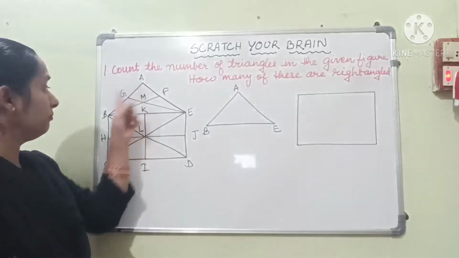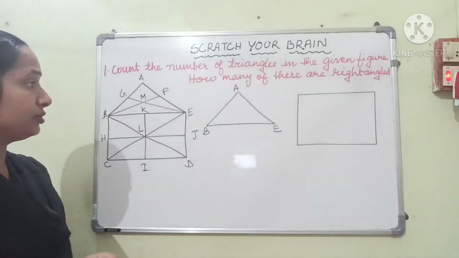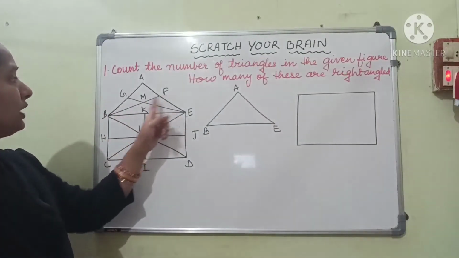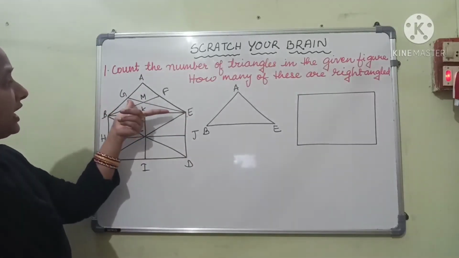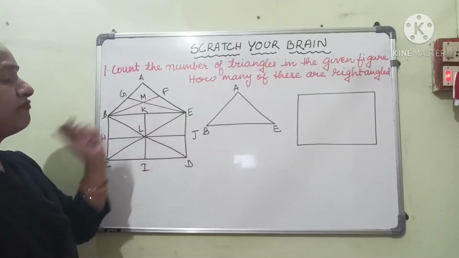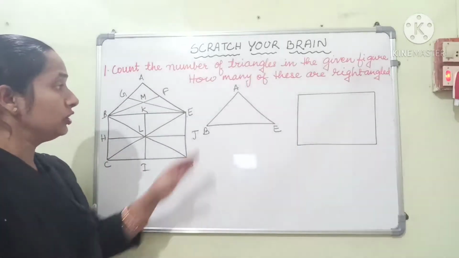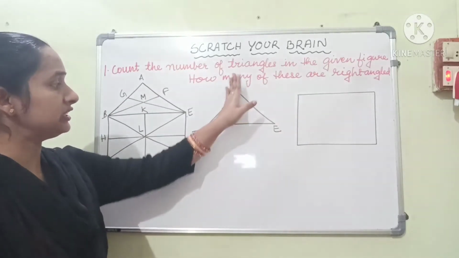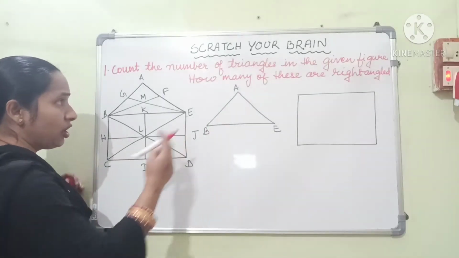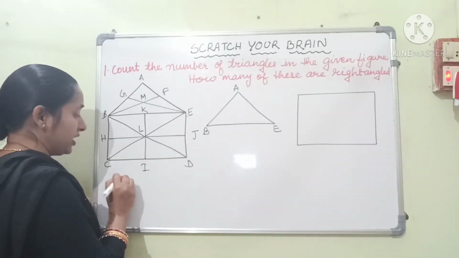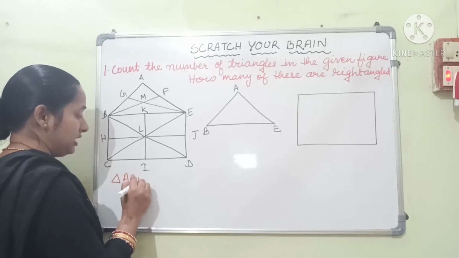Let us first find out how many triangles are present inside this triangle ABE. Here you see, we have two lines drawn inside this triangle ABE, that is the line GE and the line FB. One by one we will go. If you observe this figure, the triangle ABE is a triangle itself. So, here we got the first triangle, that is triangle ABE.